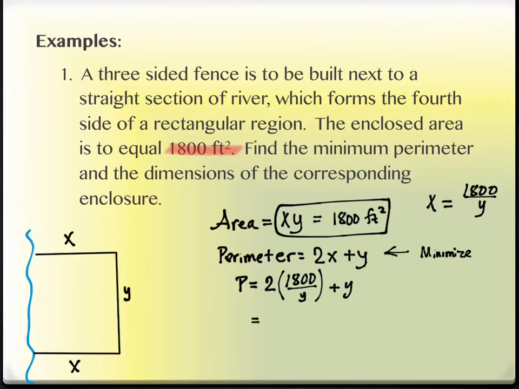And if I simplify just a tiny bit, I have this as 3600, and I'm going to move my y up, y to the negative 1, plus y. And this is the equation that I now need to find the minimum value for. I need to optimize. So we take a derivative. So what is the derivative of 3600 y to the negative first?